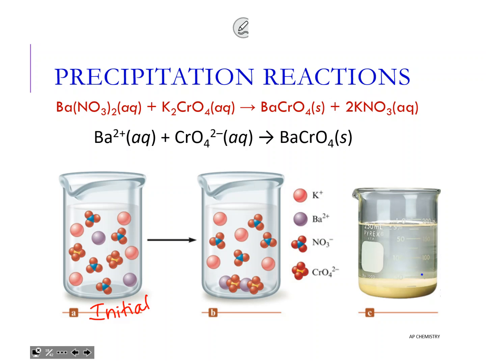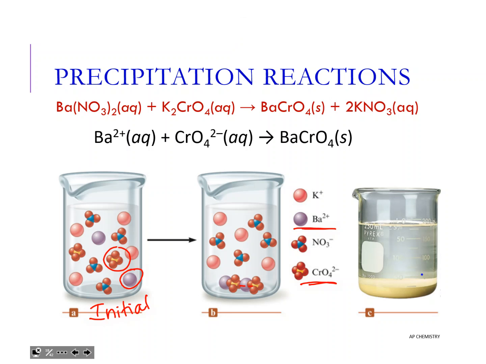And what you see here is your bariums, these ones, and the chromates, which you can tell also because they have 5 atoms linked together, or 5 little circles linked together in the picture. Those ones form an ionic bond and start building a lattice crystal at the bottom. And that's why you see the powder fall to the bottom.